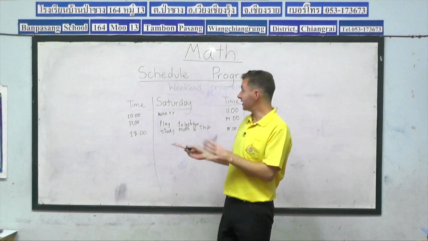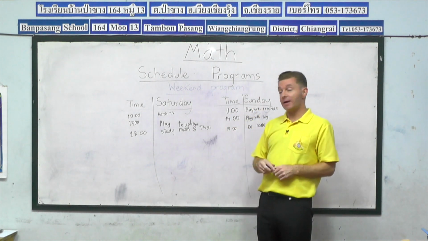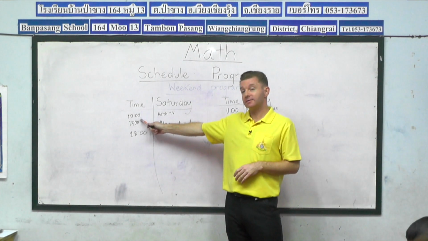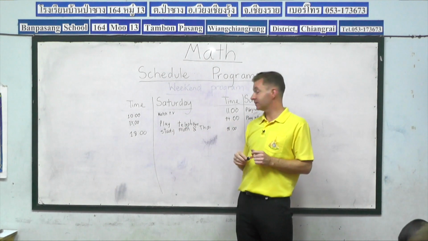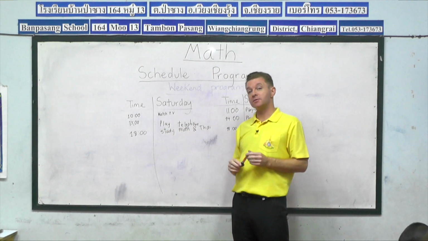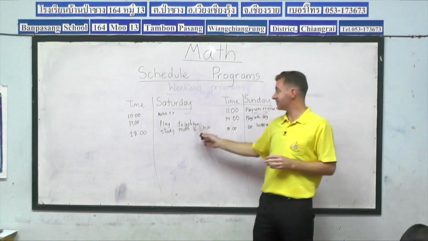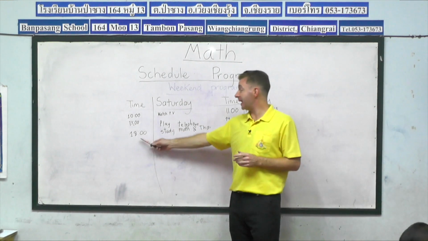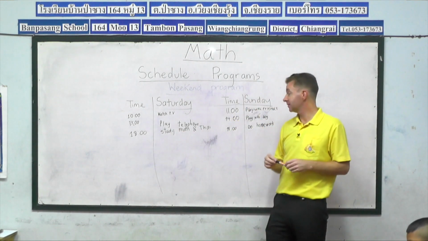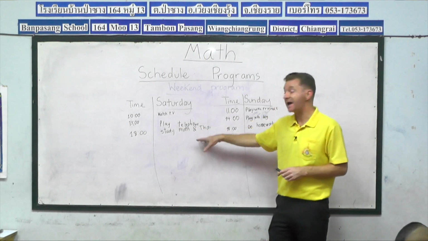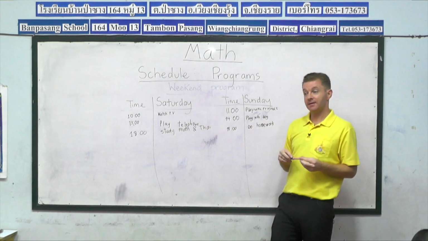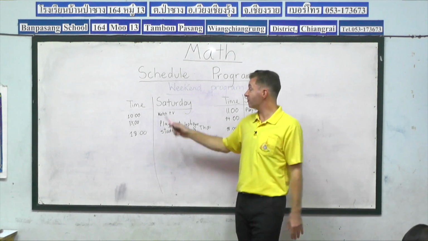So here we have an example of our weekend program. 10 o'clock, watch TV. 1300 hours, play telephone. 1800 hours, study math and Thai. And that was our program for Saturday.